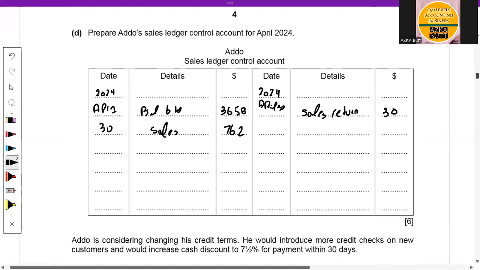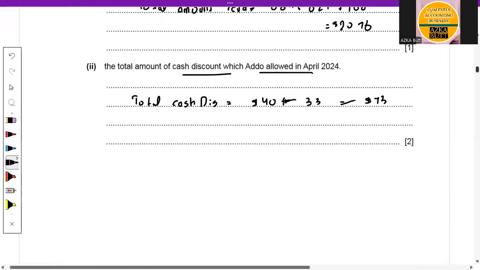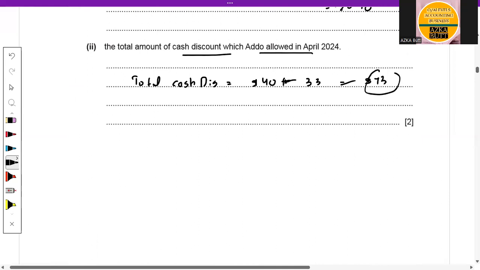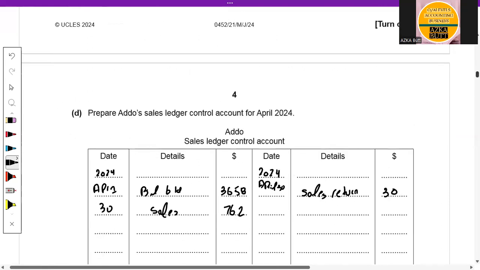And now let's see how much discount we allowed. We allowed $73 discount. So discount allowed on the credit side of the control account. This is 73.